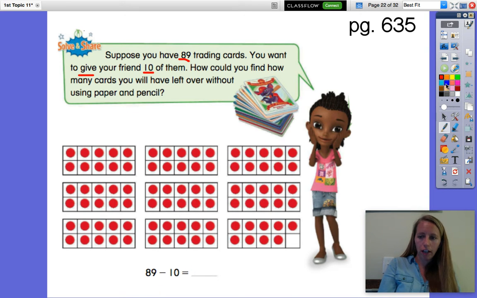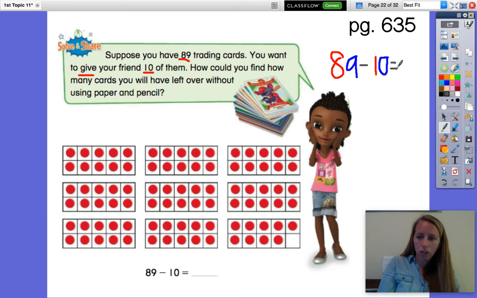Now I want you to look at the digits. I'm going to write 89 minus 10 even bigger. 89 minus 10. Now you'll notice that Miss Black wrote the tens digit in red and the ones digit in blue.